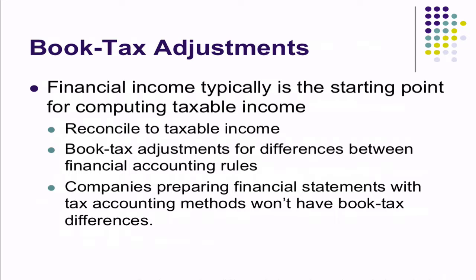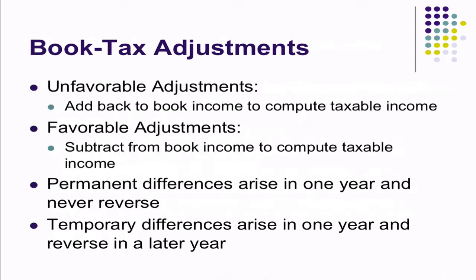And again, if a company prepares their financials using tax accounting methods, then they won't have book tax differences. But that doesn't happen all that often. Most of the time, because of GAAP and the conservative philosophy behind the creation of GAAP type documents for your financials, you're going to have book tax changes or adjustments that you have to make.